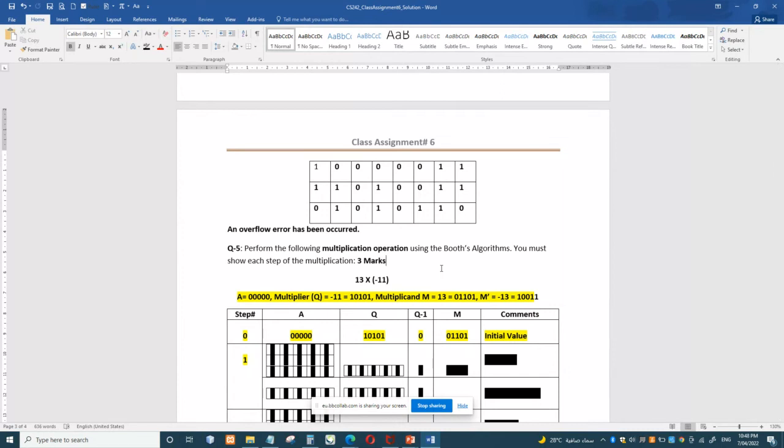If you multiply a 5-bit number with another 5-bit number, the result will be 5 plus 5 is 10-bit. So our final result will be stored in A and Q, with A containing the most significant 5 bits and Q containing the least significant 5 bits. Are we understanding?